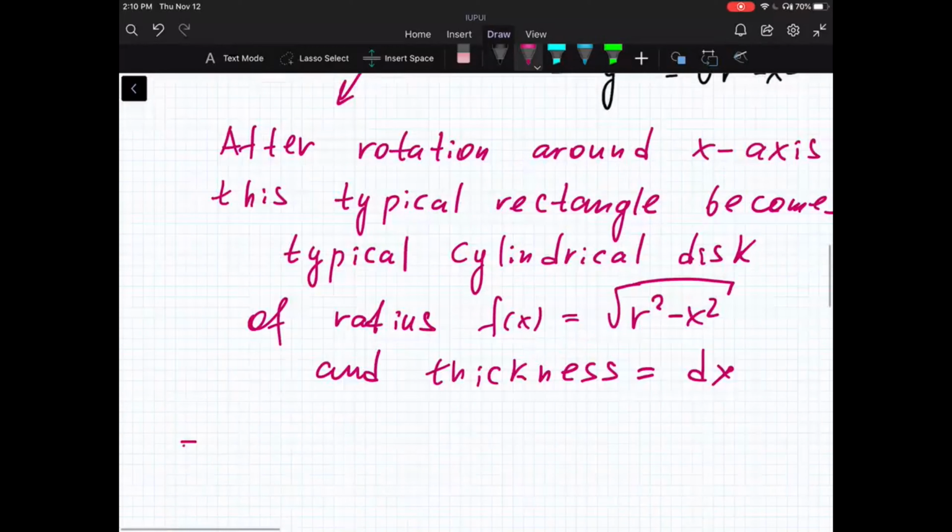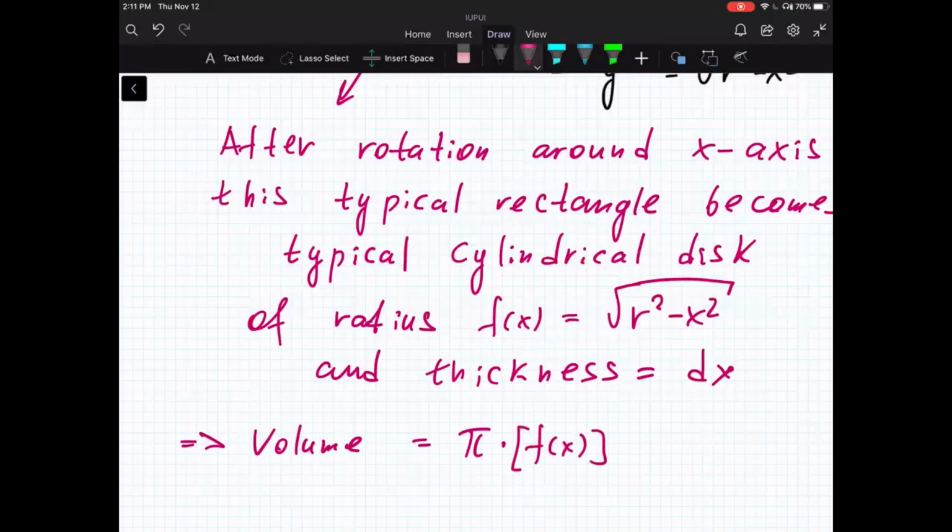And so the corresponding volume will be pi times f of x squared times dx.